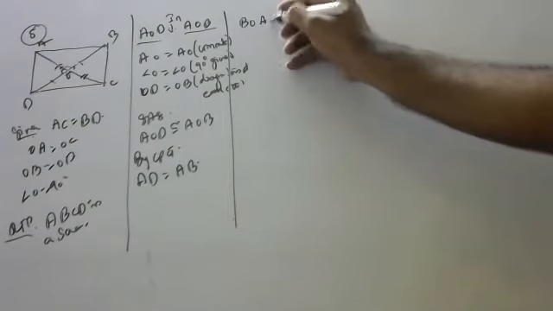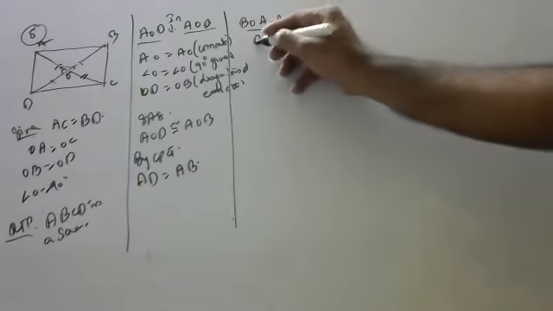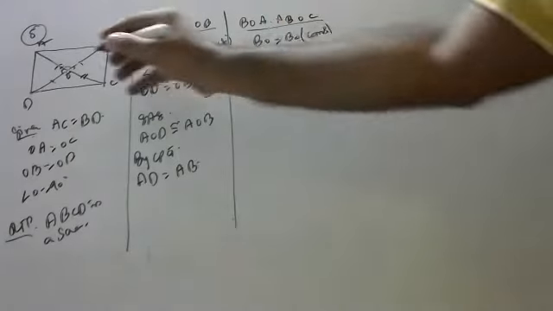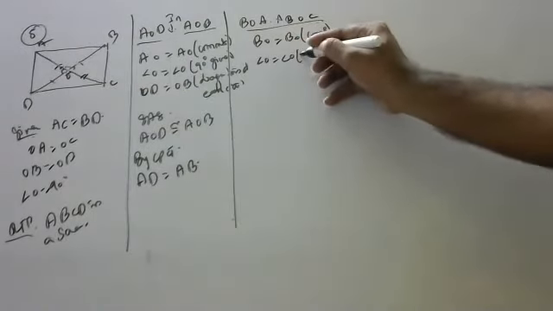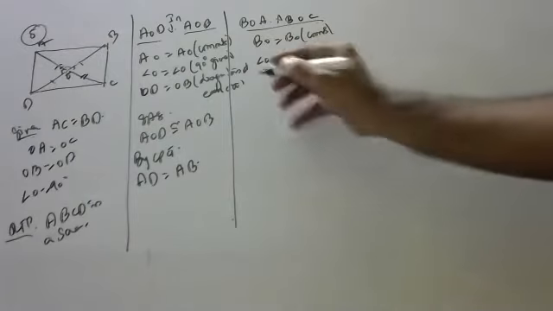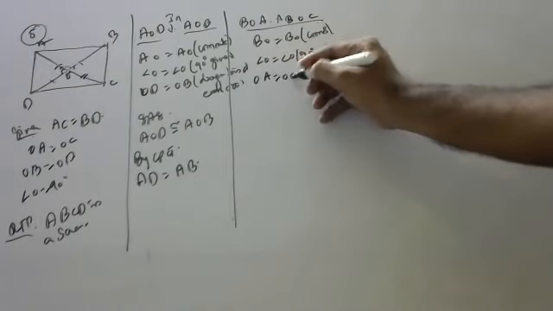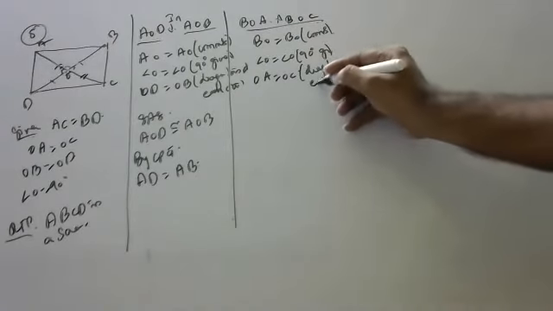In triangles BOA and BOC, BO is equal to BO. Why, children? Common side. Angle O is equal to angle O. 90 degrees, given. And OA is equal to OC. Diagonals bisect each other.